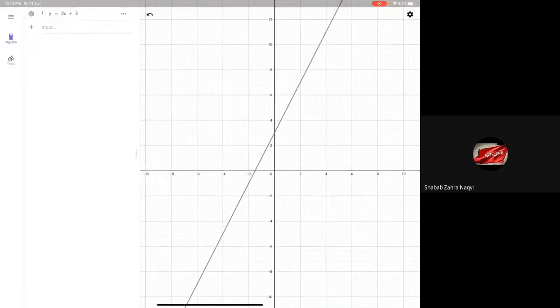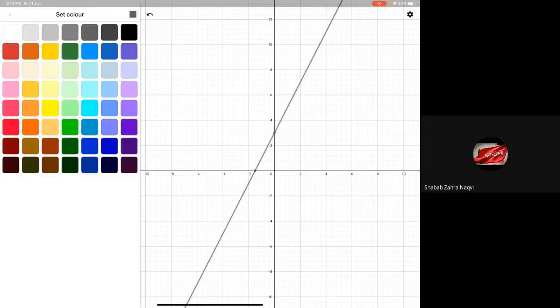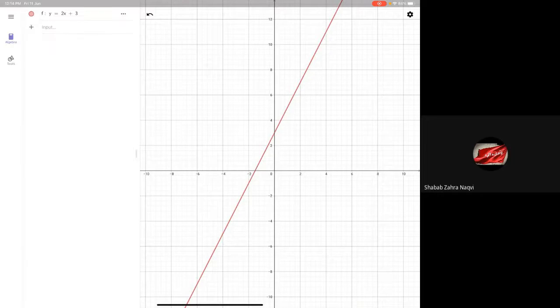If you look at this line, everywhere the slope is constant. Can you see that? On this red line, the slope is constant everywhere. No matter where you stand, here or here, you will have the same slope.